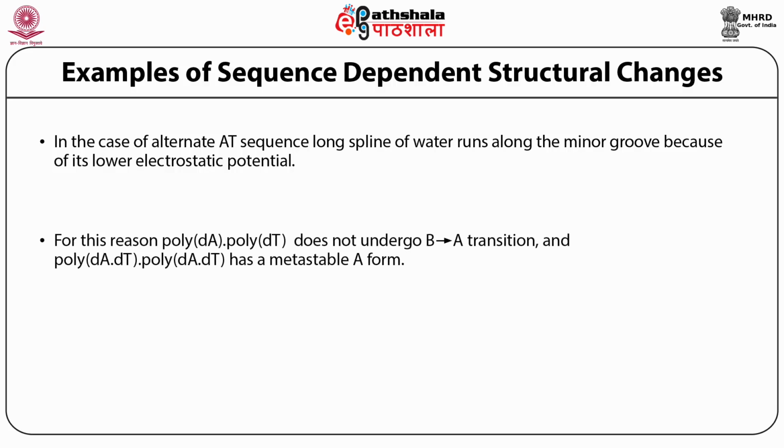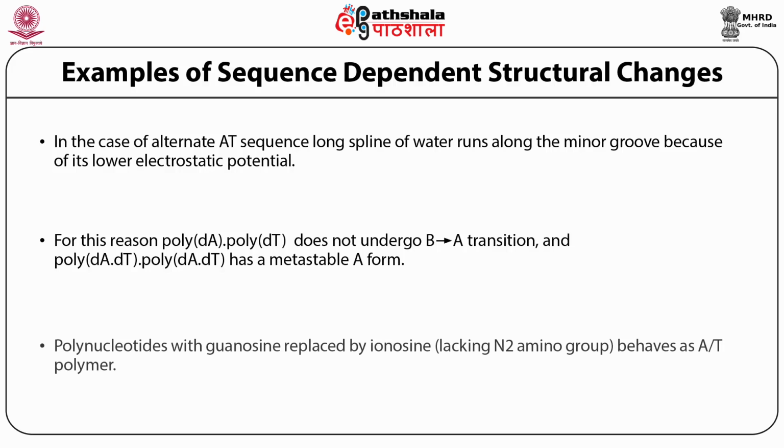For this reason, poly-dA, poly-dT does not undergo B to A transition, and poly-dA dT, poly-dA dT has a metastable A form. Polynucleotides with guanosine replaced by inosine, which lacks the N2 amino group, behave as an AT polymer.